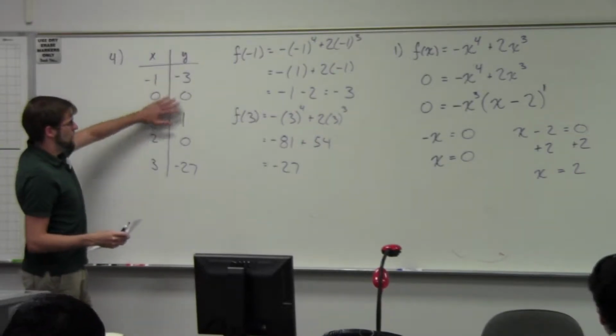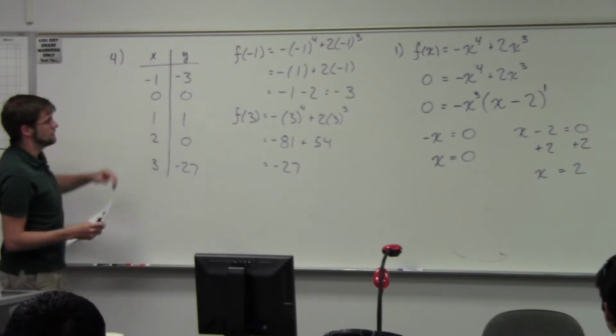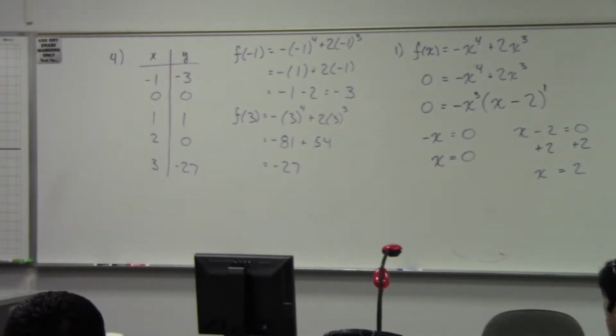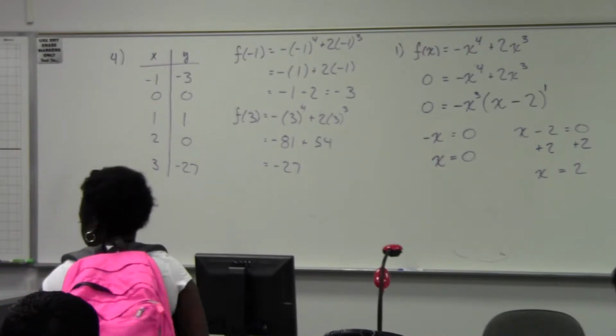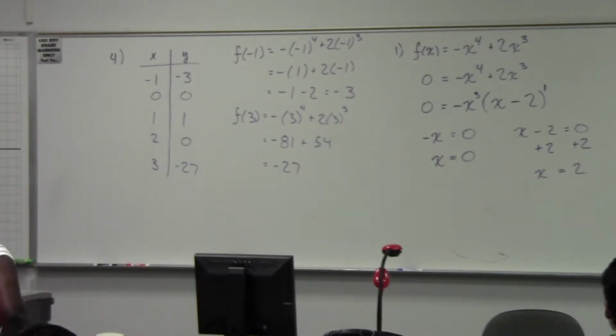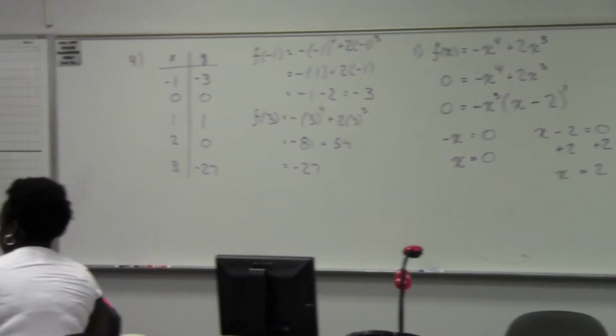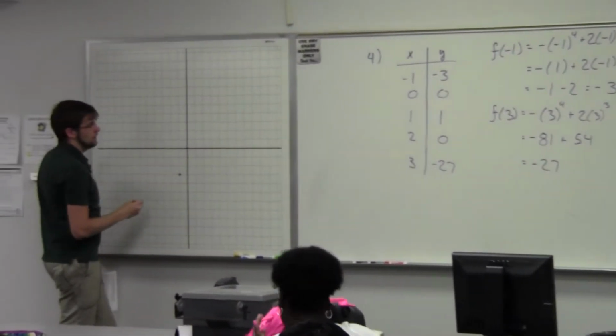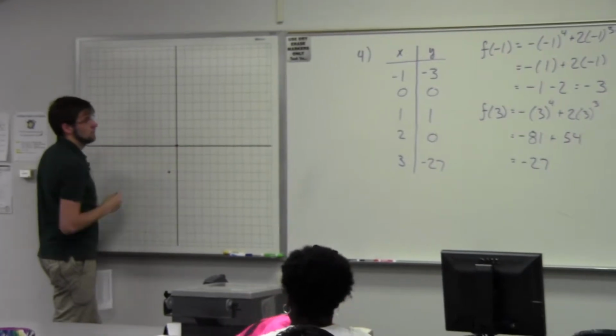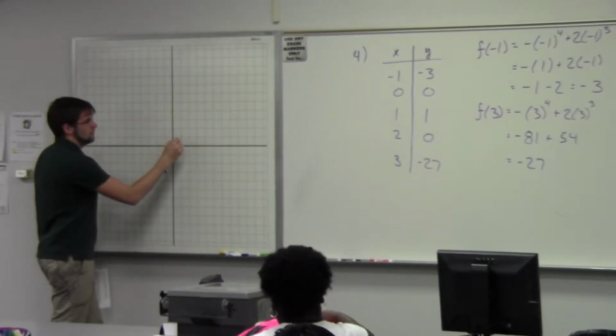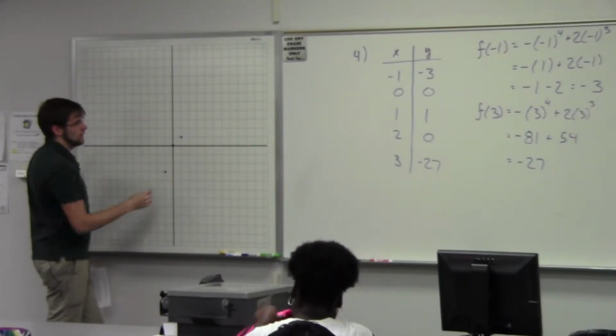All right, so now I have all my points in a nice little table right here. So I'm going to go to my graph and just plot them. So negative 1, negative 3. I have 0, 0. I have 1, 1. I have 2, 0.